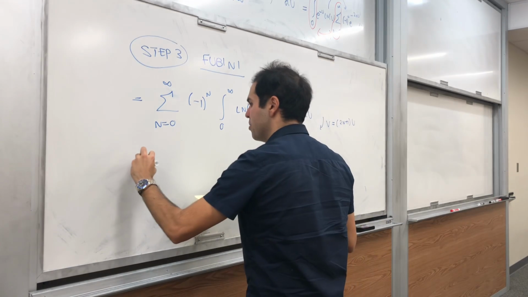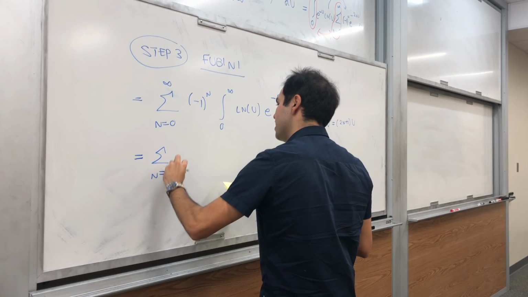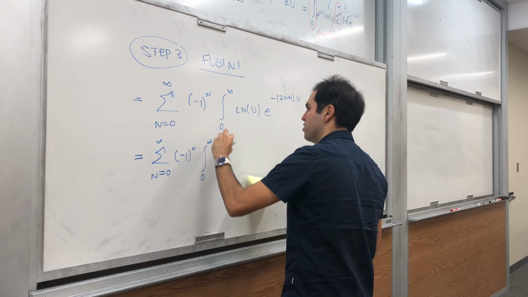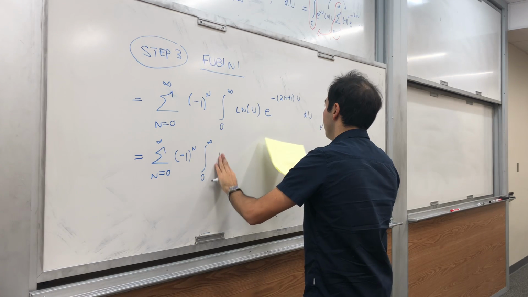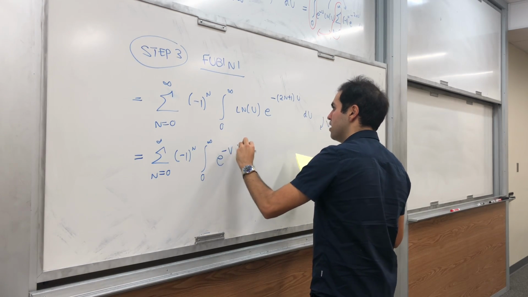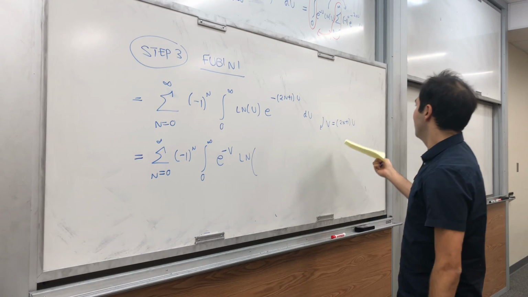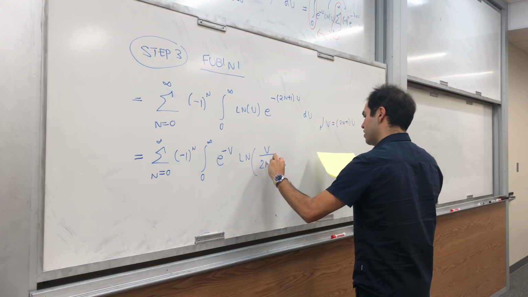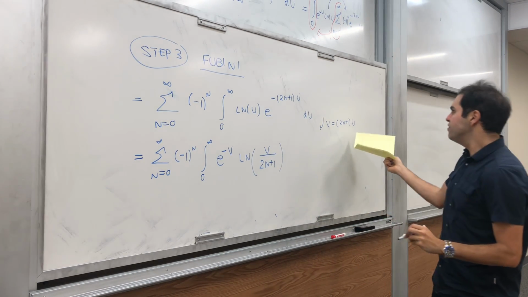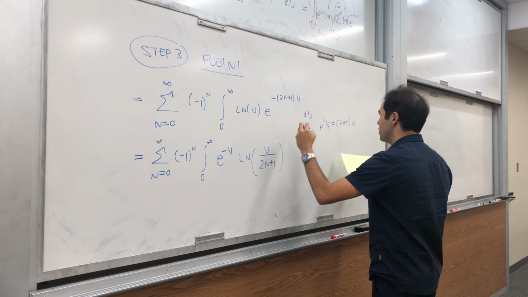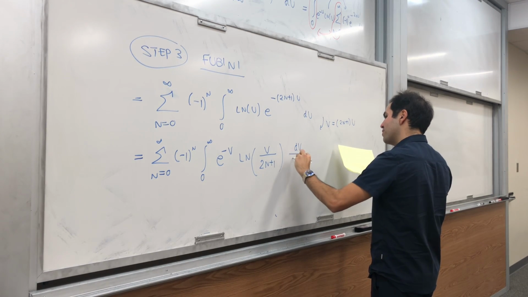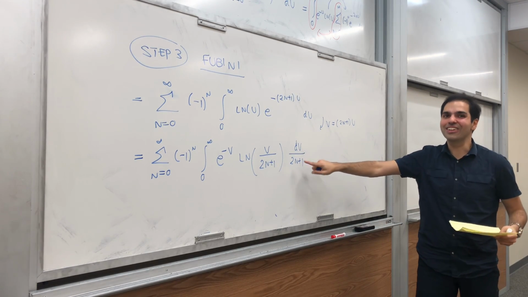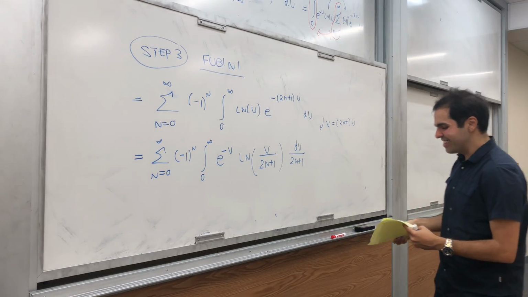Then we still get the sum from 0 to infinity of minus 1 to the n, integral, multiplying by a positive number doesn't change that, and we get e to the minus v, and then ln of, so if v is (2n plus 1)u, u is v over 2n plus 1, and then dv is (2n plus 1) du, so du is dv over 2n plus 1.